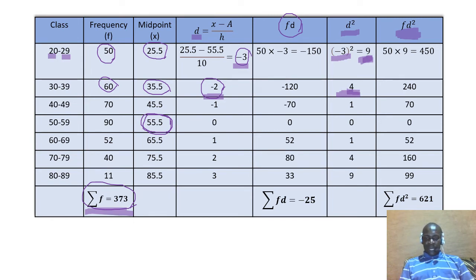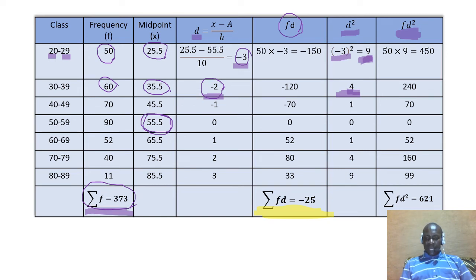Another very important column is known as summation of FD. We need it to calculate the mean. Now, how do we get summation of FD? Add everything from -50 to -120 to -170. When you add them together, we get -25.